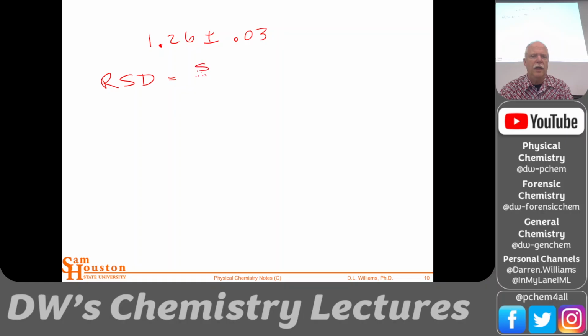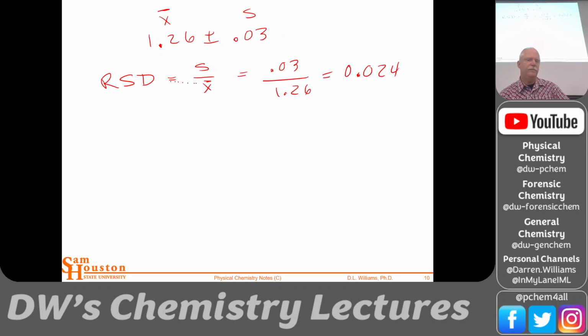That's equal to S over X bar, and we're assuming that this is X bar, the average value, and this is S. And so it's 0.03 over 1.26. Can you be my calculator? Okay, good. So that's the relative standard deviation.